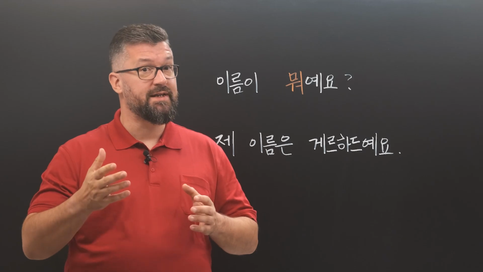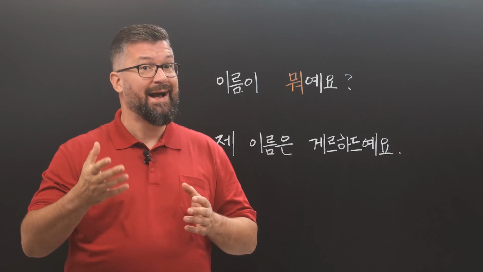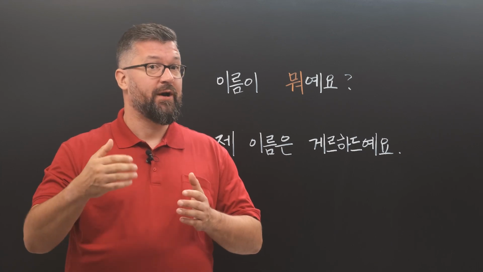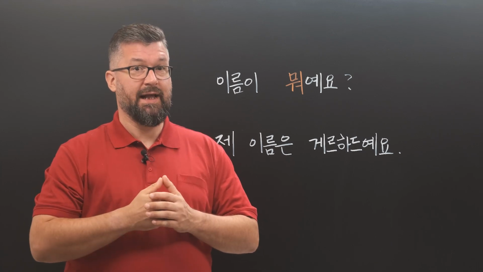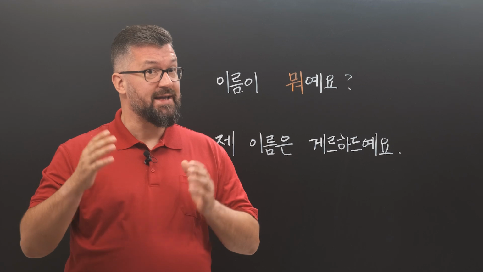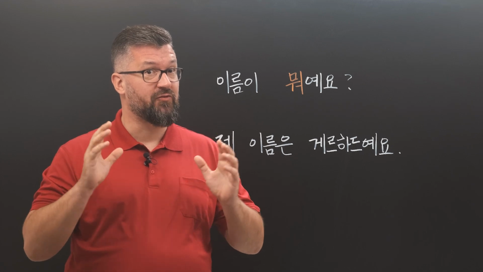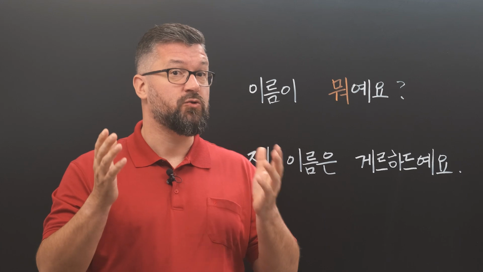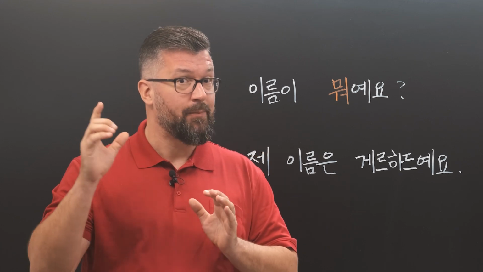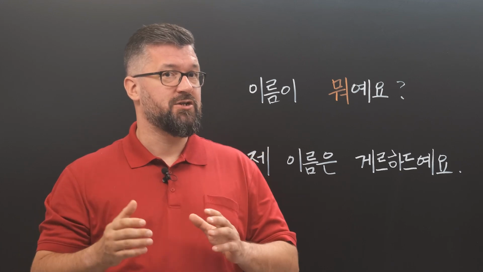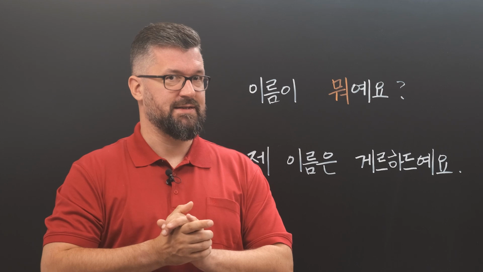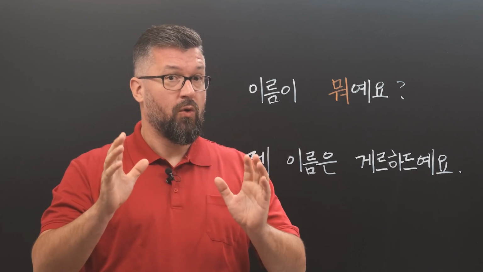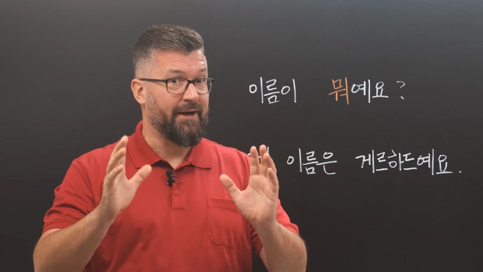So we use 는 in answers because the topic, in our case, 이름, the name, is already known or has been mentioned. It helps to think of 는 as marking known or established information. Understanding particles like 이가 and 는 is crucial in Korean as they help convey the flow of information and the focus of the sentence. But as we mentioned many times before, for now, we only learn certain patterns.